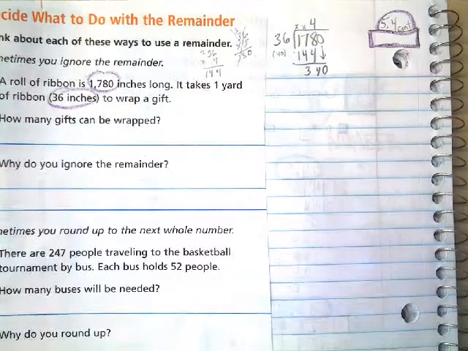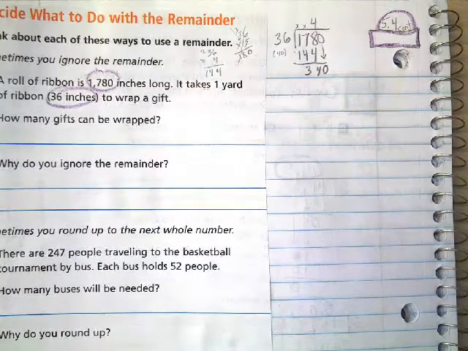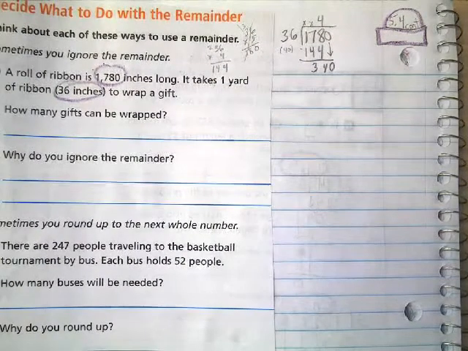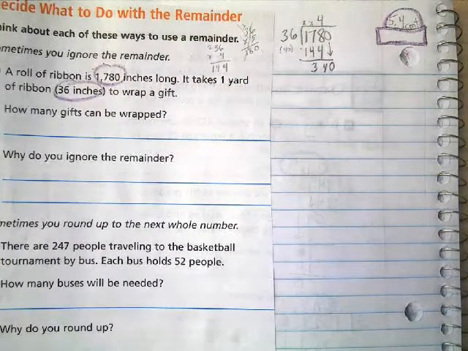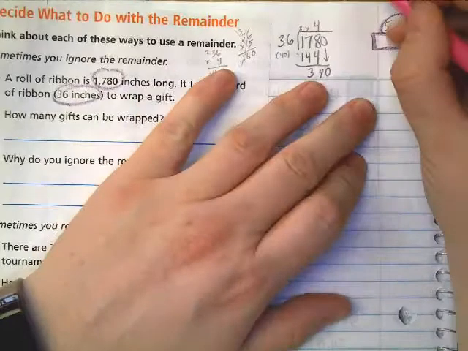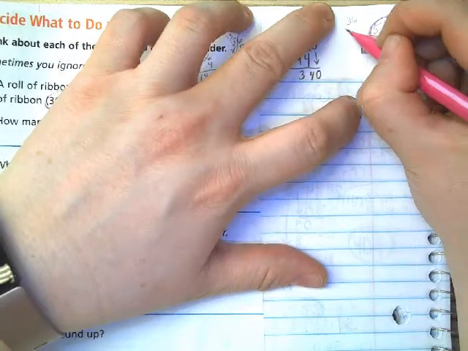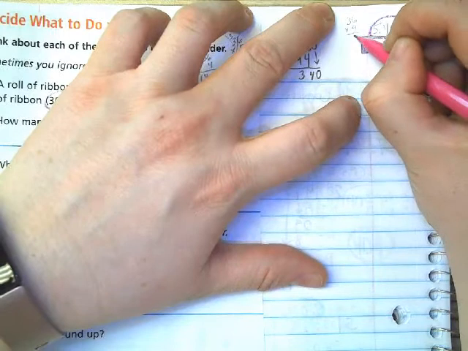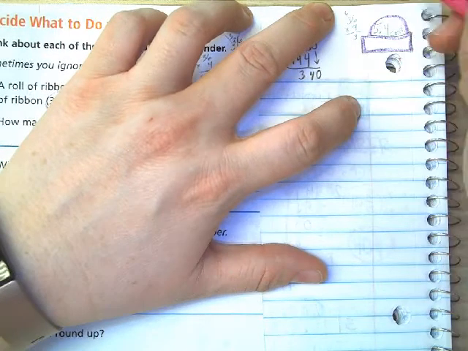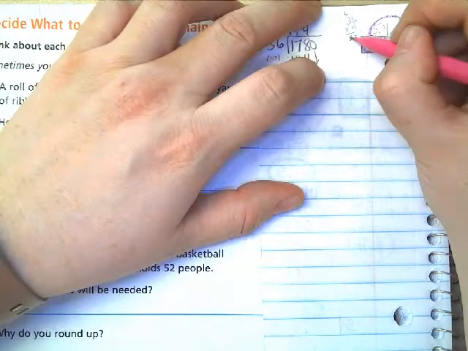36 goes into 340. Ooh, probably a lot of times. I'm going to say 8 or 9 times, because it's going to be double that. I bet it's 8 or 9. What do you think we should try? 8 or 9? Let's try 9. I'm sorry if it's not 9.